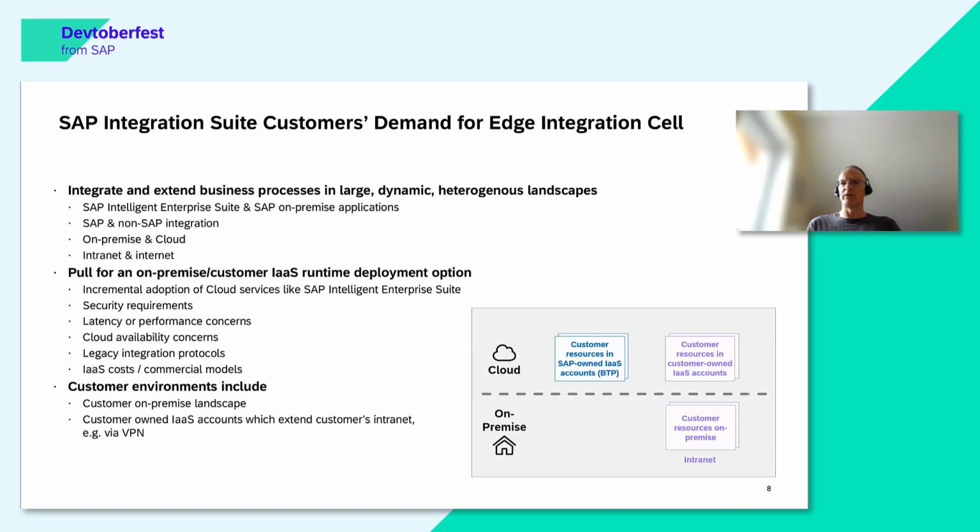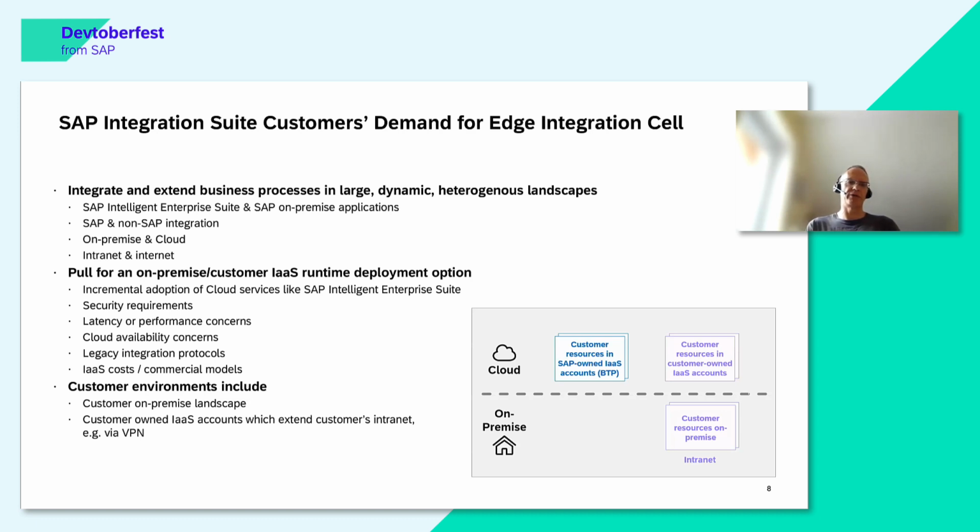Just a word, to make this clear, what we mean with customer environment in this context. If you see the picture here on the right side, this can be on the one side a real on-premise deployment, like the data center of the customer. But still we see more and more customers adopting the flexibility of cloud, like a private cloud deployment, having a private network, which you can rent from the cloud providers.